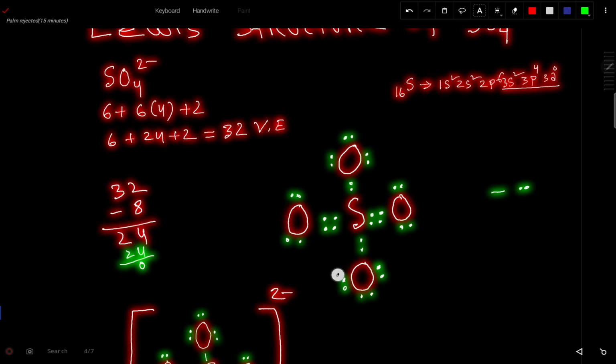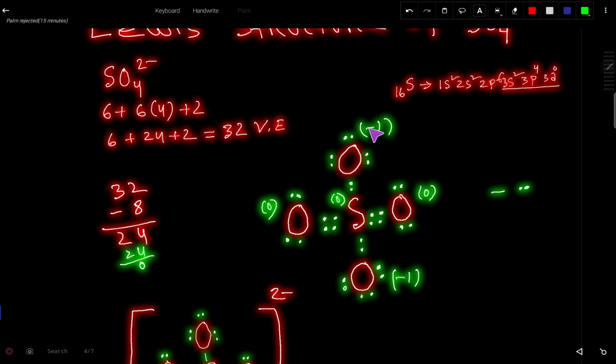Okay, look, double bonded oxygen has 0 formal charge, right? And single bonded oxygen has -1 formal charge. This is a rule, right? You have to memorize. And sulfur with double bonds has 0 formal charge. So look, this oxygen has -1, this oxygen has -1.